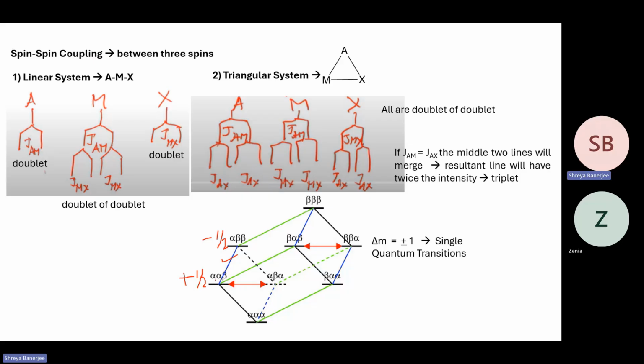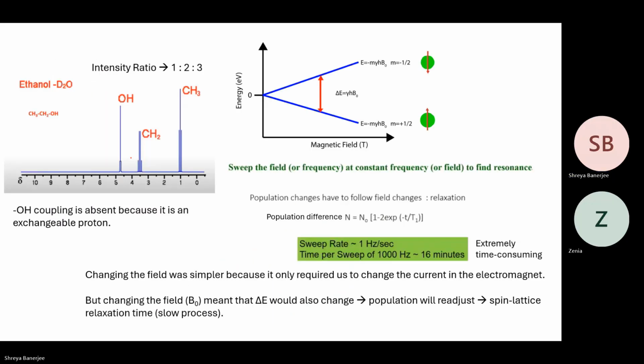But if you look at, suppose, beta alpha beta, again alpha and beta get cancelled out, and beta will have minus half. So again this is also allowed. Similarly, you can do this for each and find out which transitions are allowed.